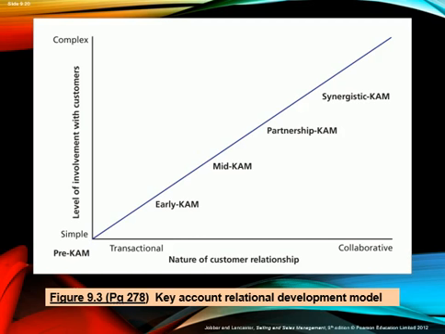There are strategic resources, sensitive information, and even joint problem solving that happens during this particular partnership CAM stage. It then can advance to a synergistic CAM stage as well, where we have definitely almost become part of one large entity.